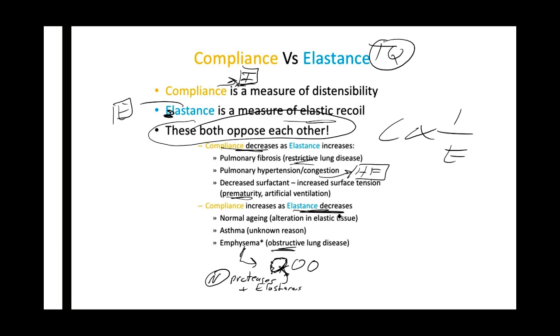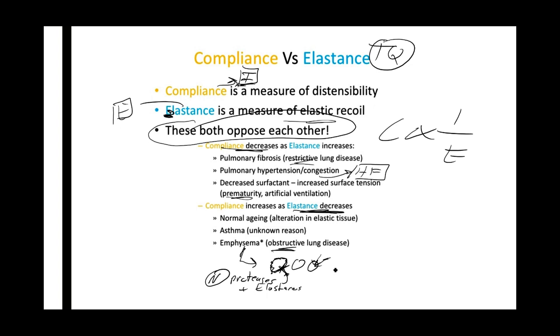So as you can imagine, elastance decreases, the elastic recoil decreases, and that's why these patients have trouble getting air out, because their elastic recoil is affected.